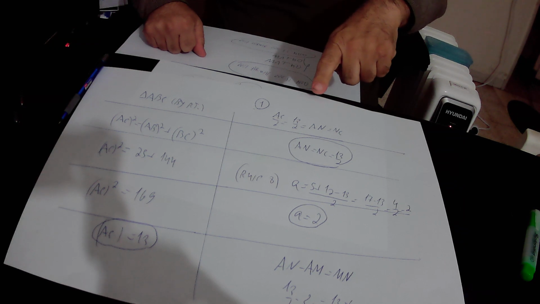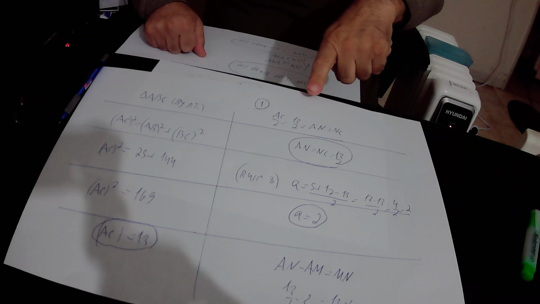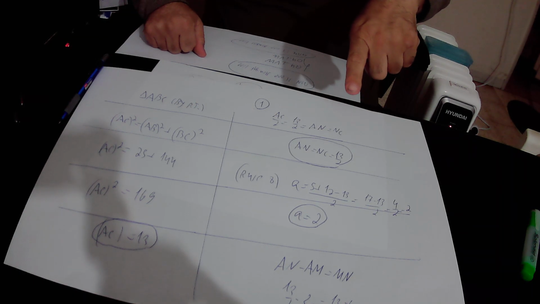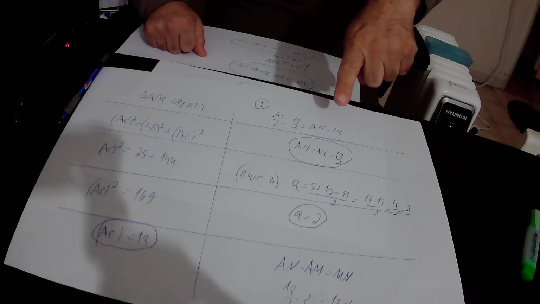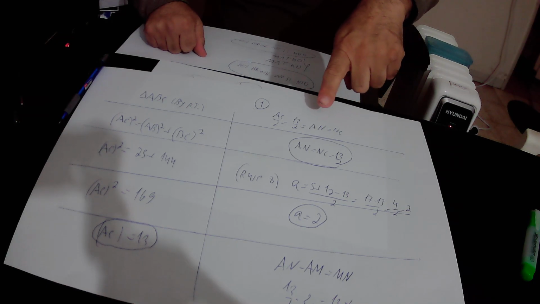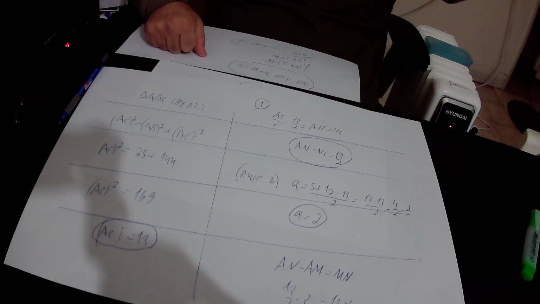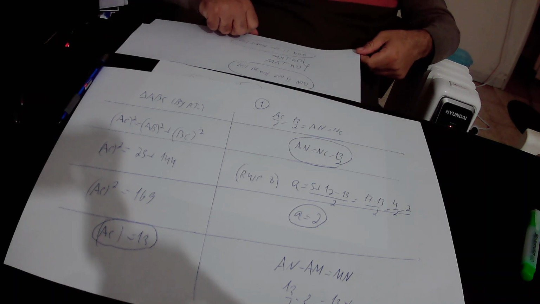The first half AN is 13 over 2 and the second half NC is also 13 over 2. So AN equals NC, those two halves, of course, equal each other. AN equals NC equals 13 over 2.